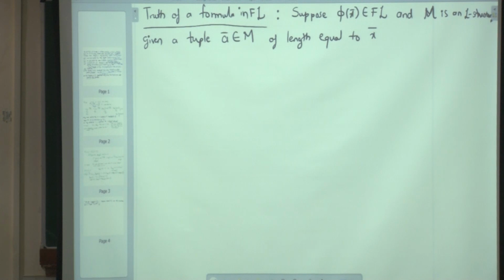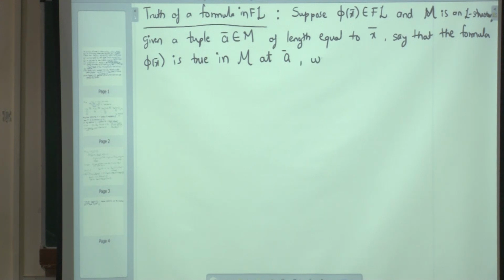Say that the formula phi x bar is true in M at A bar, written, how is it written? M satisfies phi at A bar if the following happens.